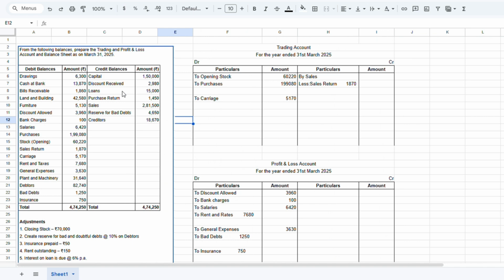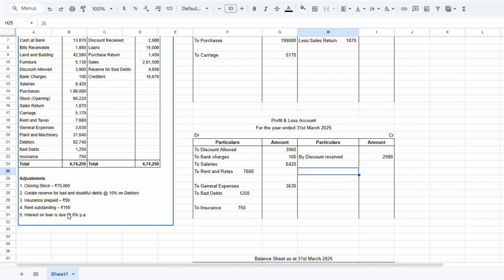Next, discount received. Discount received is income, because our supplier has given us a discount, which means we have paid less. So profit and loss account credit side, by discount received 2,980.